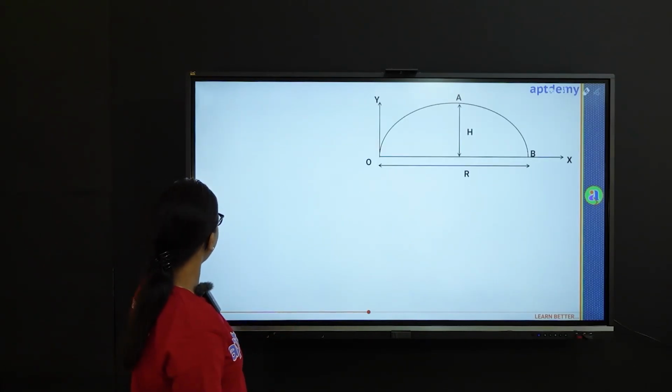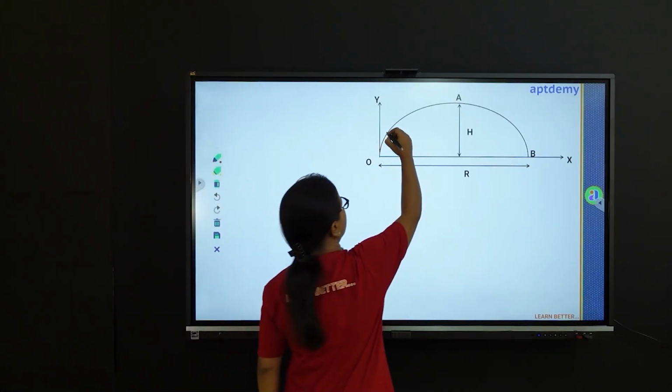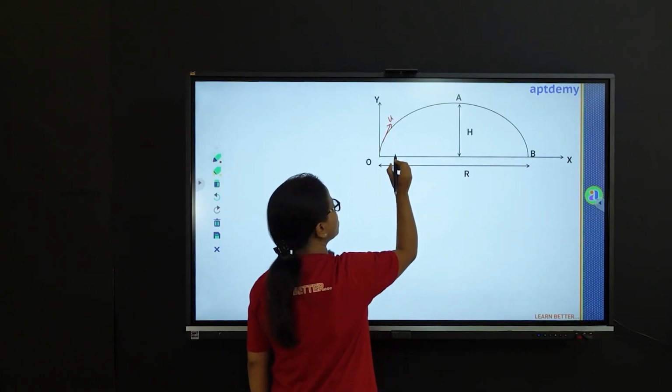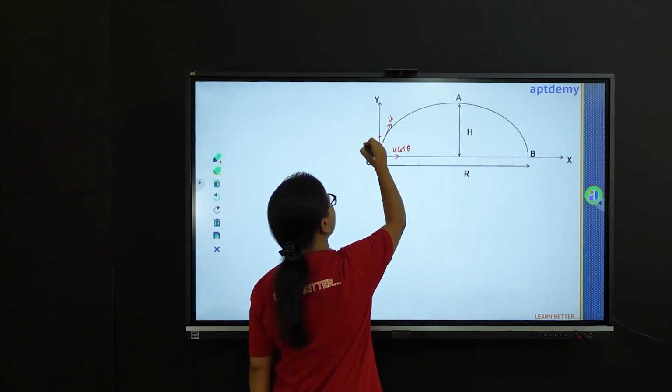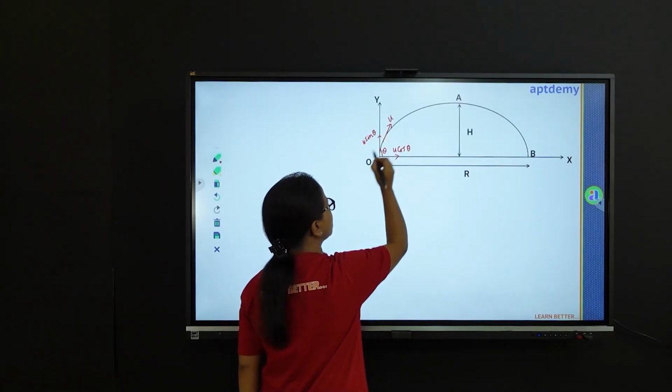Have a look at this drawing. This was the velocity of the particle, u, the initial velocity. The components were u cos theta along Ox and u sin theta along Oy, not forgetting that this angle is theta.